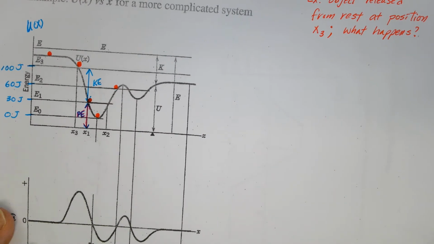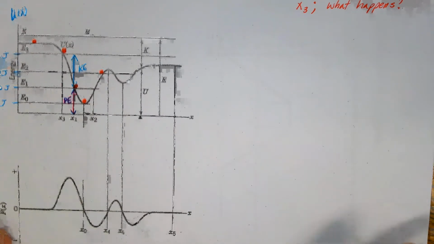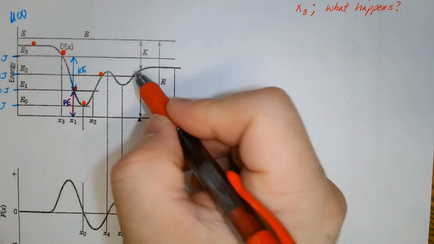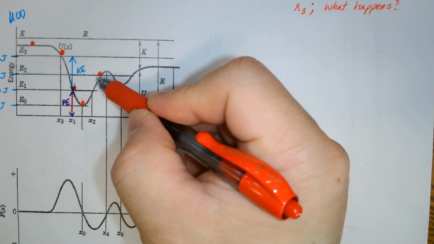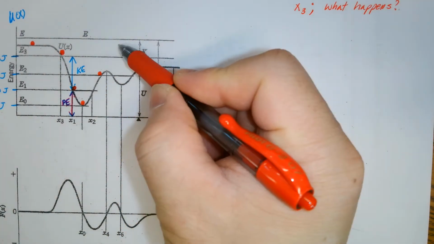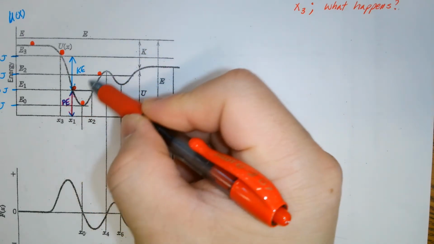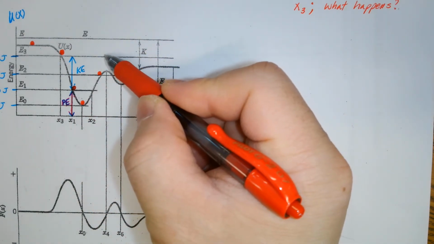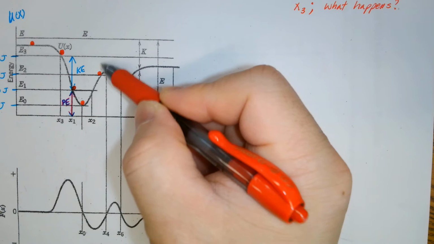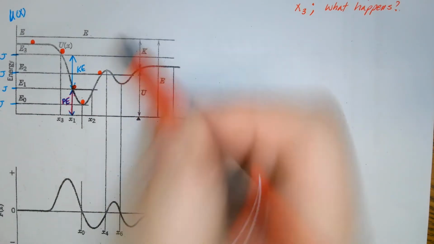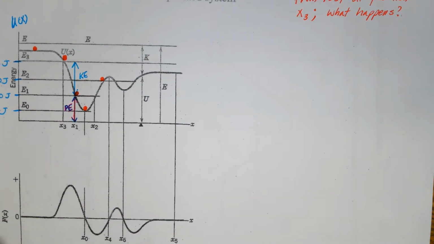So if this were to go higher than 100 joules here, since we started here, it will only go up to 100 joules to here, and then you'll probably roll back down. It'll never go up any higher.